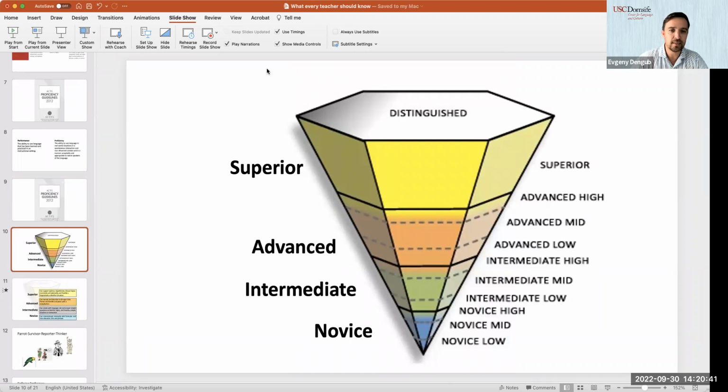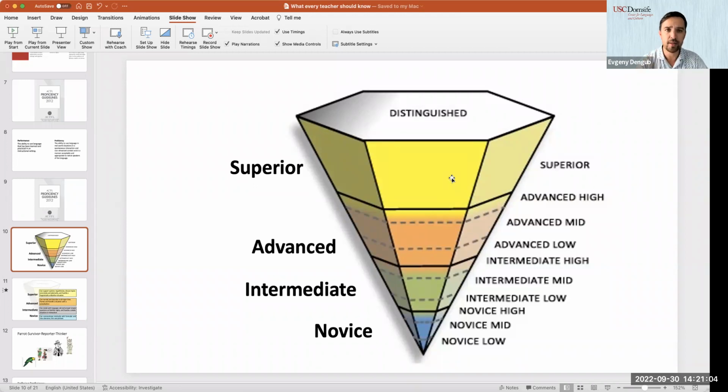The guidelines tell us that there are 5 major levels of proficiency: novice, intermediate, advanced, superior, and distinguished. And the first 4 are subdivided into 3 sub-levels each: low, mid, high. So we get novice low, novice mid, novice high.